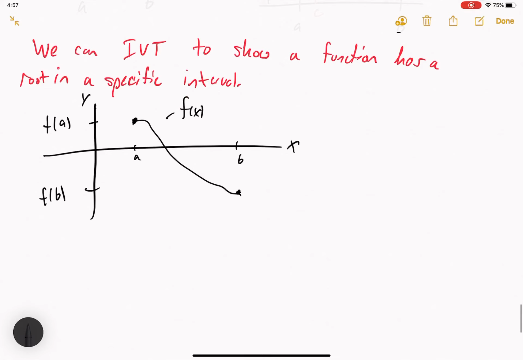It is defined on its endpoints from a to b. And we have that the values are different. And one of the things we should notice is that this line right here is 0. This is y equals 0. So we have f of a is greater than 0, which is greater than f of b. Because f of b is negative, f of a is positive, so they're definitely not 0.